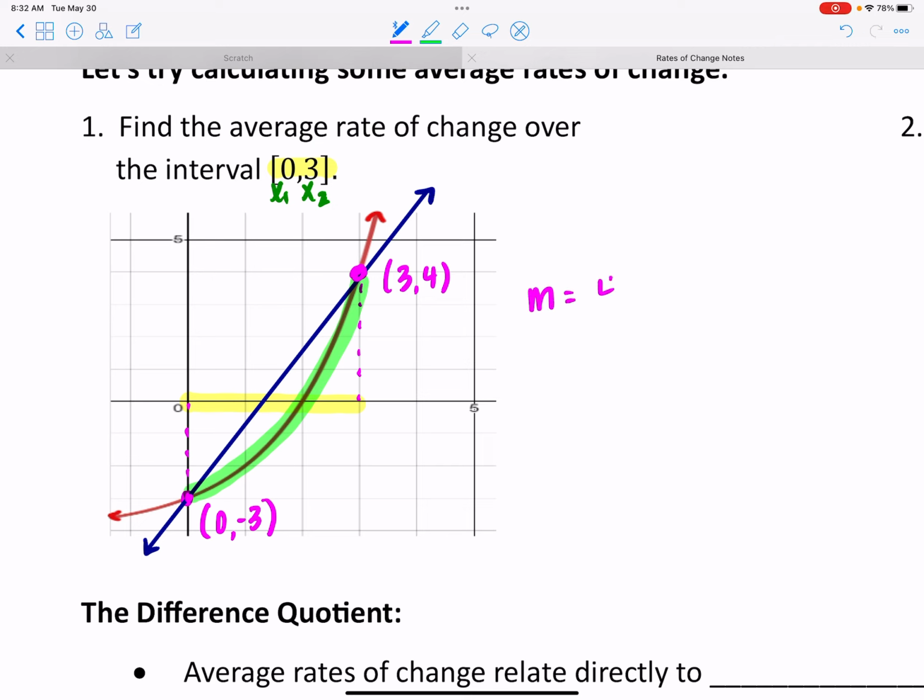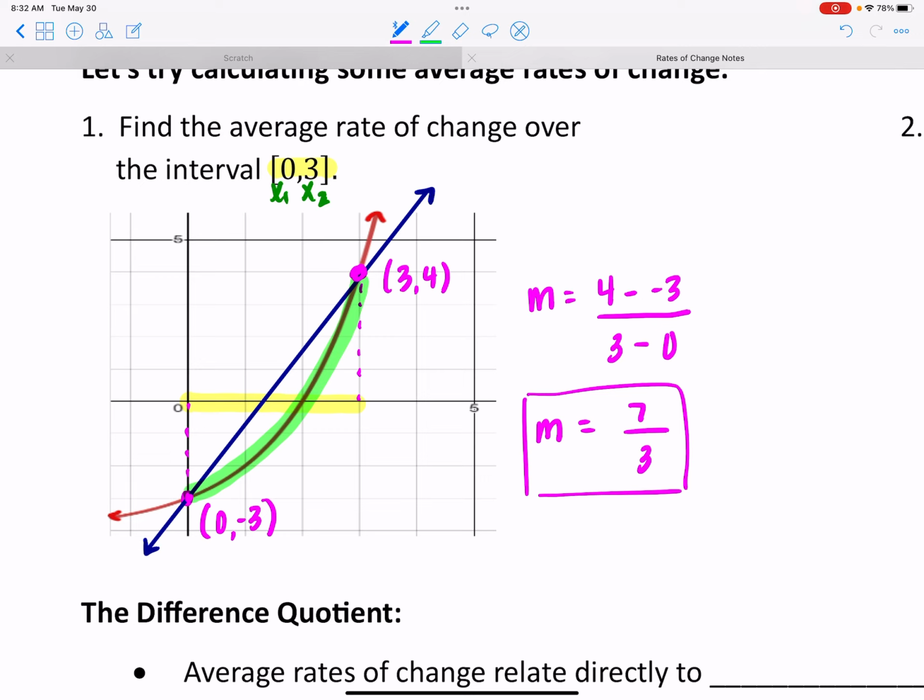So y2 is 4, minus y1 is -3, over x2 is 3, minus x1 is 0, so we end up here with 4 minus -3 becomes 4 plus 3, or 7, and 3 minus 0 is 3, so 7/3. That is the average rate of change over that interval.